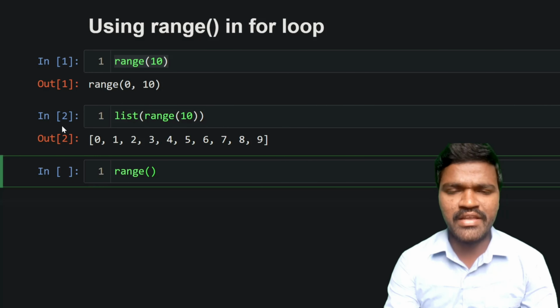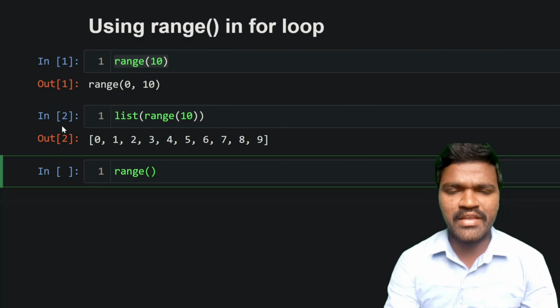Here, start is 5 and stop is 15. If I execute this, I get the starting value as 5 and the ending value as 14, because 15 is not considered; it is exclusive. So I am only getting till 14.